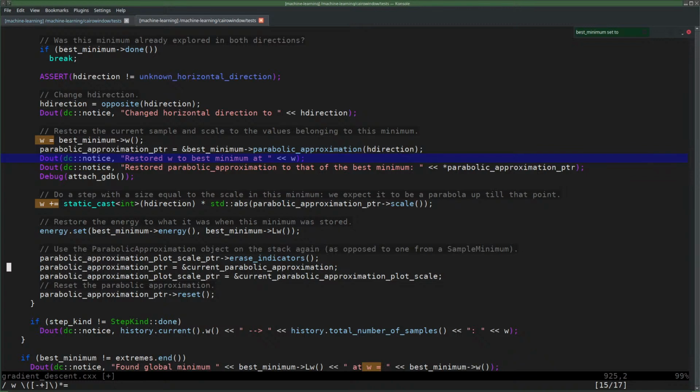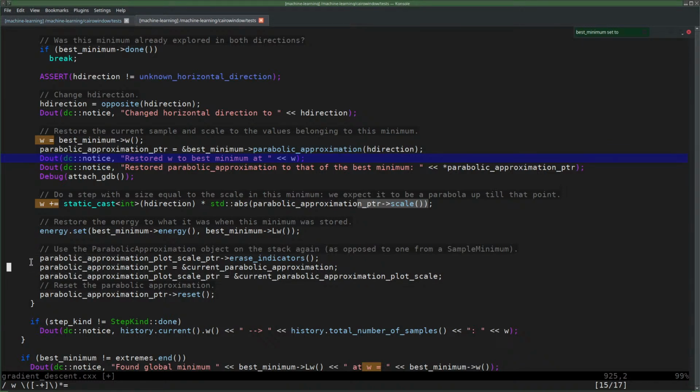Interesting. It's very shortly at that point. Points very shortly to the parabolic approximation that belongs to this minimum. Apparently just to get the scale of it. And then I reset it anyway.